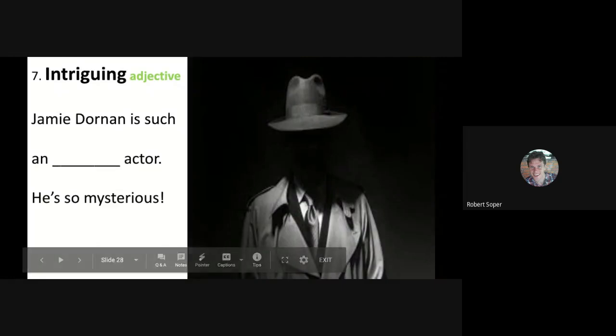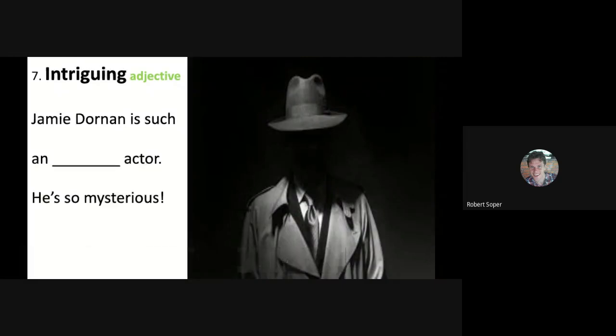Okay, so the next word is intriguing. Intriguing is an adjective. It means interesting because it's unusual or unexpected. So, putting this in a sentence, you could say Jamie Dornan is such an intriguing actor.